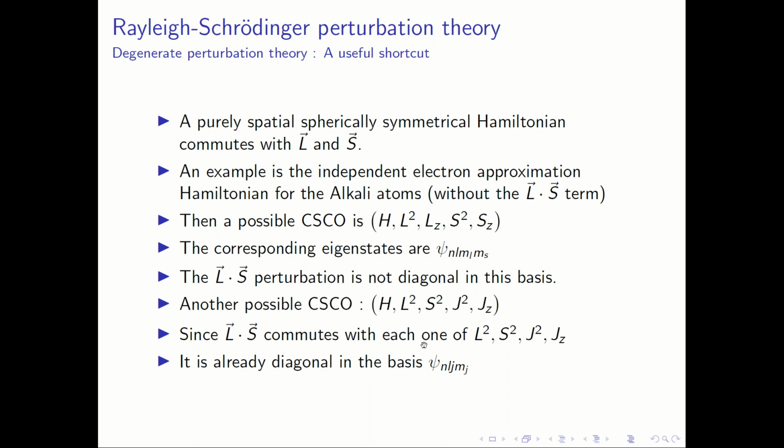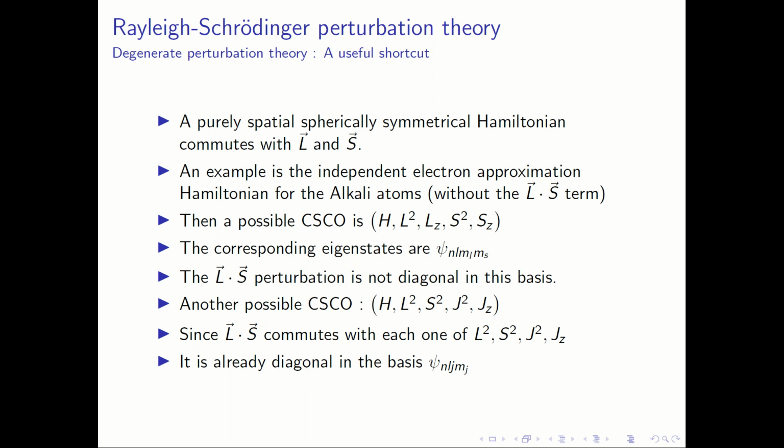So the perturbation is already diagonal in the basis formed by the eigenvectors of these operators, namely psi n l j m_j. Once again, it should have been psi n l s j m_j, but S is something you don't mention. It always is half.